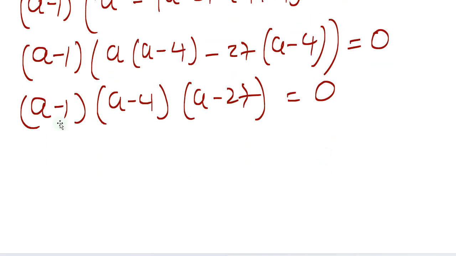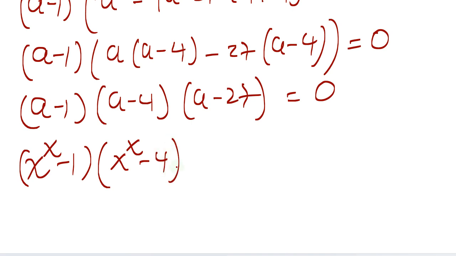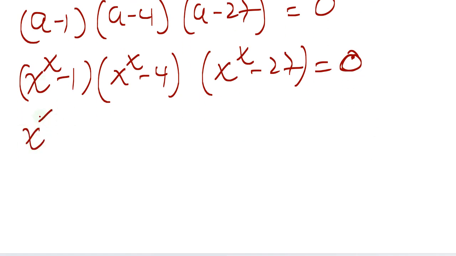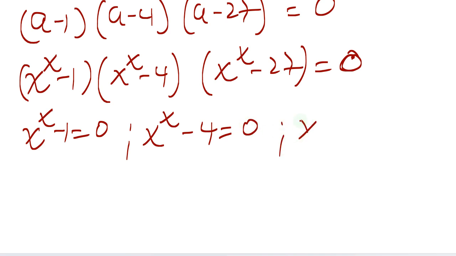Okay, so we can replace directly, because a is x to the x. So we have x to the x minus 1, which multiplies x to the x minus 4, and then x to the x minus 27, and this is equals 0. So x to the x minus 1 is equal 0, x to the x minus 4 is equal 0, and x to the x minus 27 is equal 0.